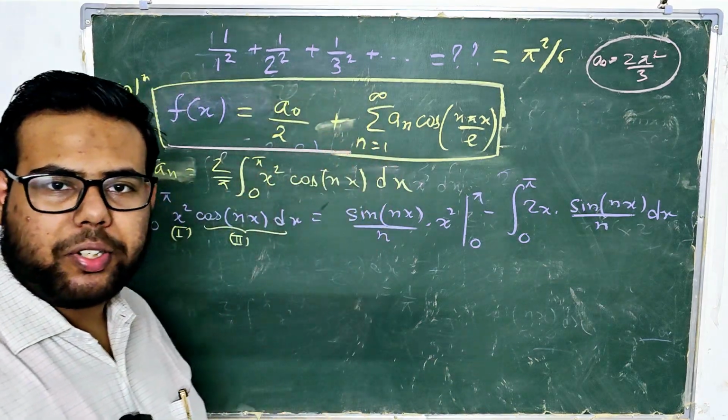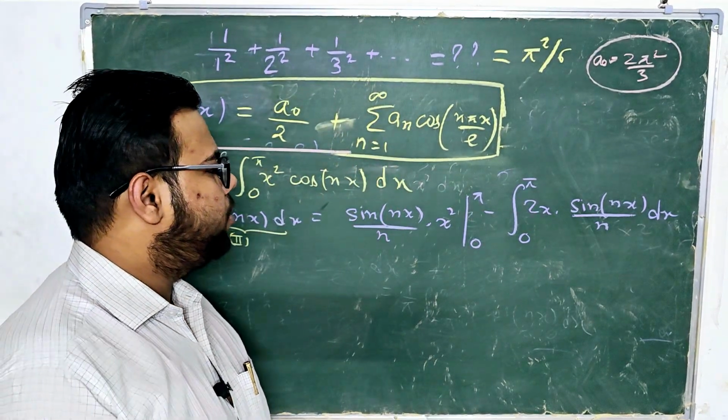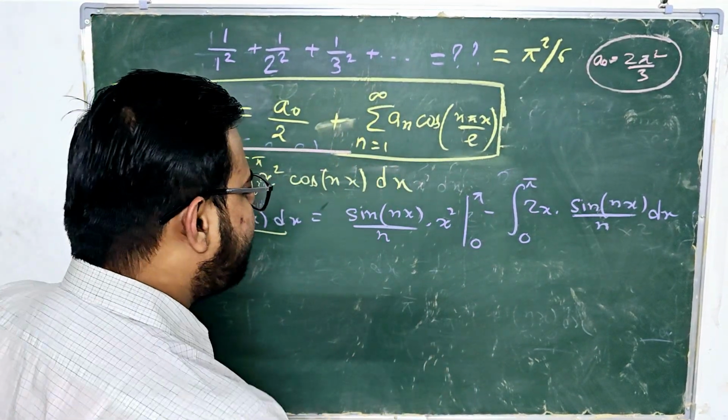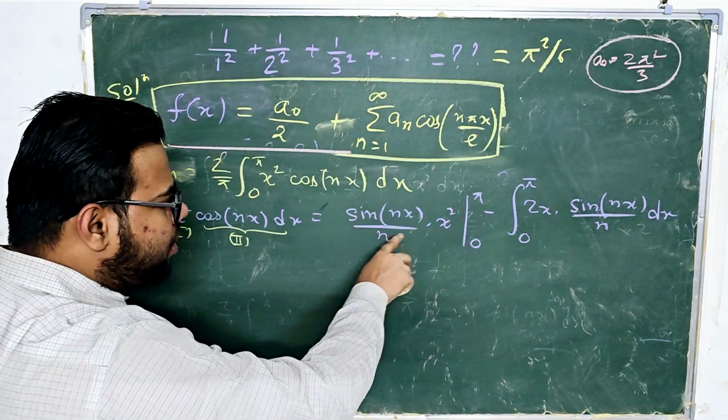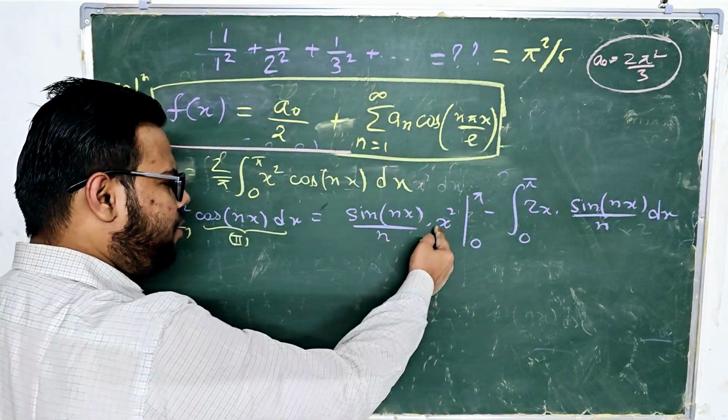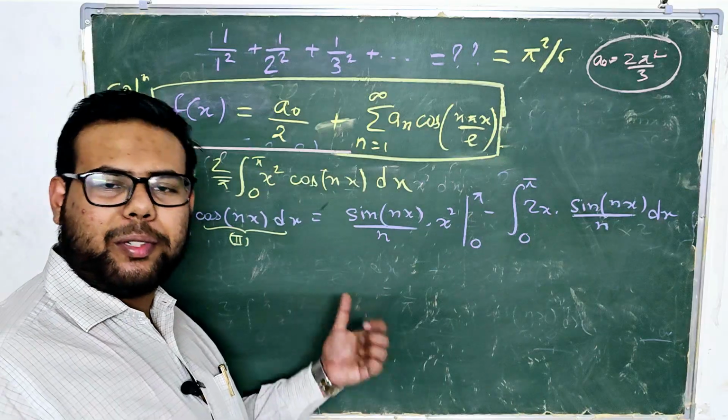Correct? You will get this expression. So notice that when you substitute 0, then sin of 0 is 0, and of course x will be also 0, so this whole expression will be 0.